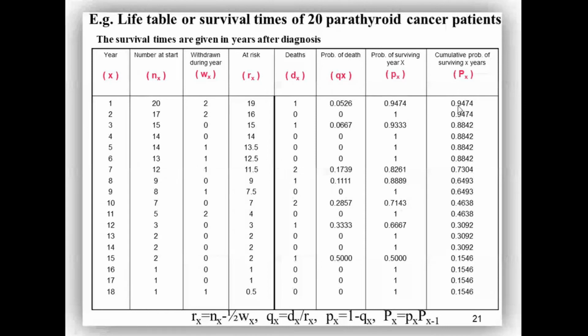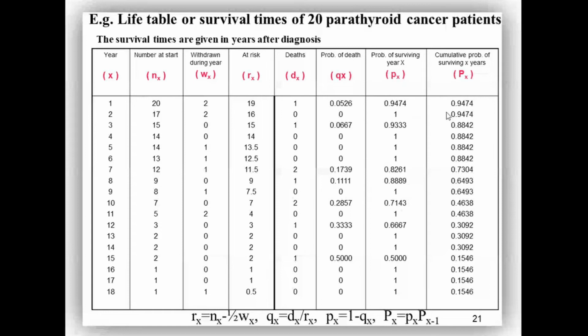Now, capital Px and small px are different. The last column and the second column from the last are different. Small px means the probability of surviving that particular year, and capital Px, the last column, is the probability of surviving from the beginning to the end of each year, from the beginning of year 1 until that particular year.